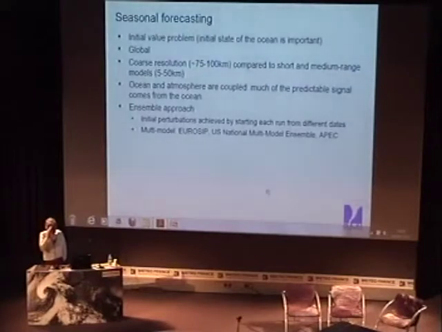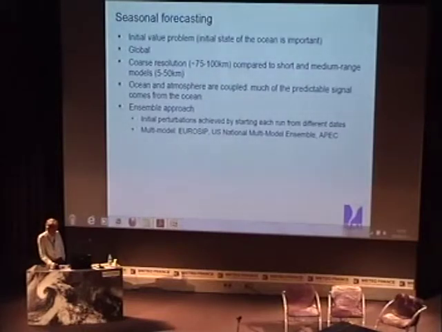Now moving on to seasonal forecasting. As I said, it's still an initial value problem. The initial state of the ocean is important. It is a global exercise. The resolution is coarser than for an atmospheric model. We couple ocean and atmosphere because much of the predictable signal comes from the ocean.